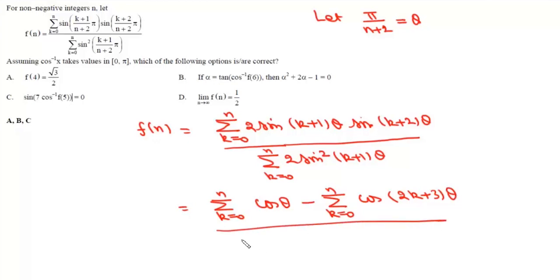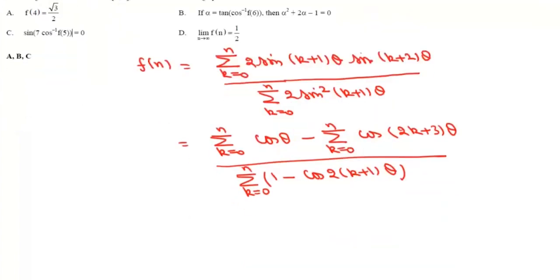The denominator will be the summation k varies from 0 to n of 1 minus cos 2 (k plus 1) theta. Now since theta is independent of k, this summation of cos theta is a summation of a constant, so it will be n plus 1 into cos theta.